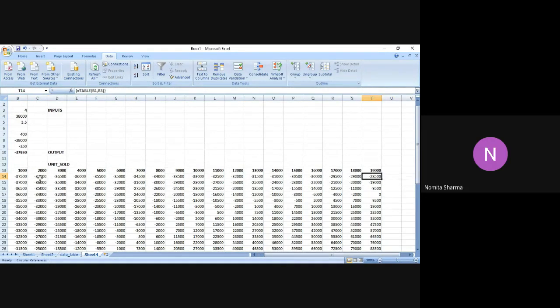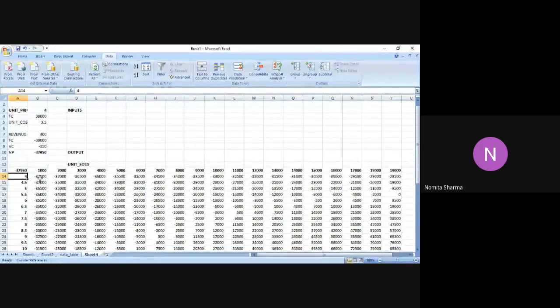Because if you see, till 19,000, it is giving me a negative profit. So it is a fair enough indication to you, and the same thing if you see is being done till 5 rupees. So till the unit price of 5, we have this as the negative. Only we are having at 5.5 as a break even.